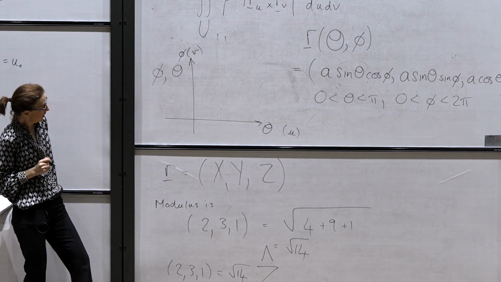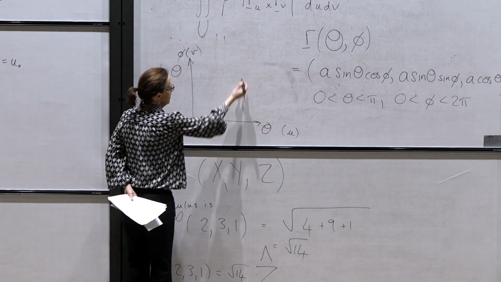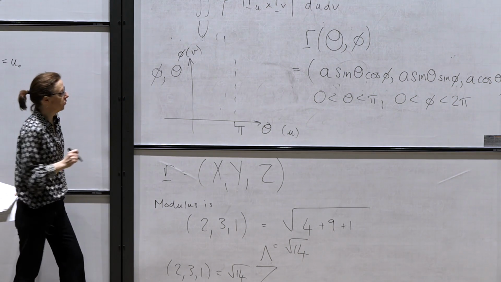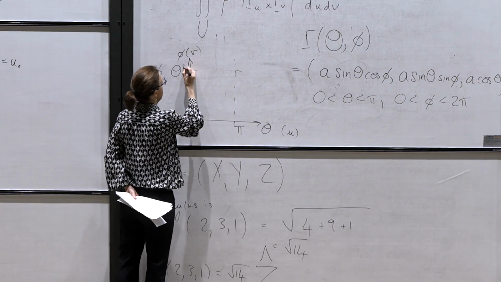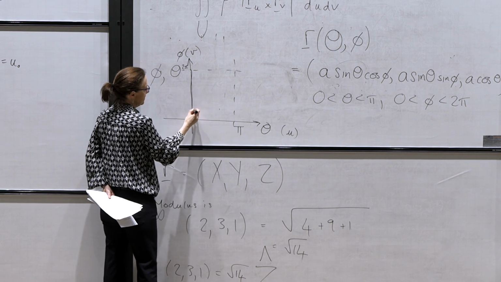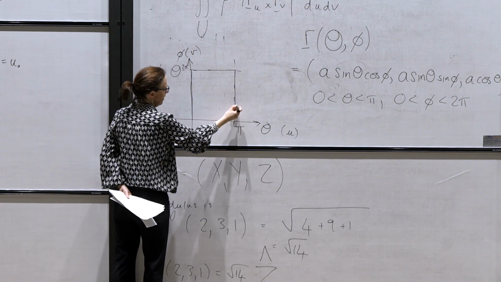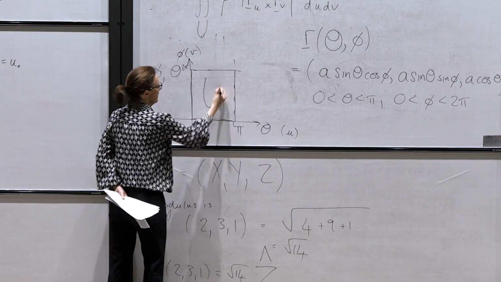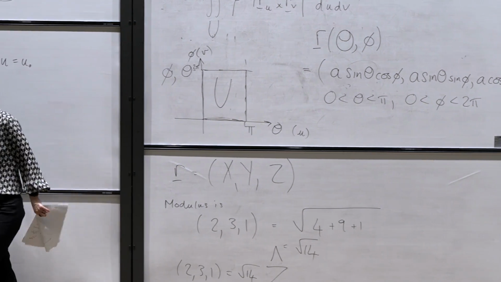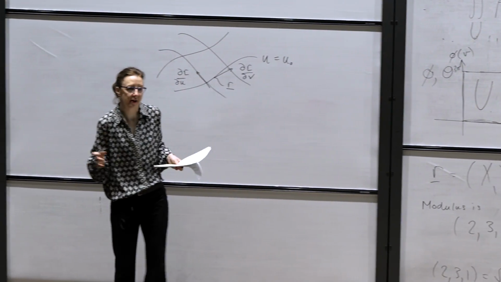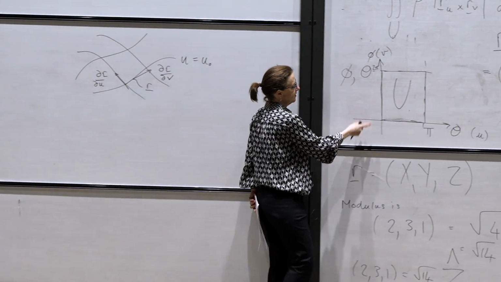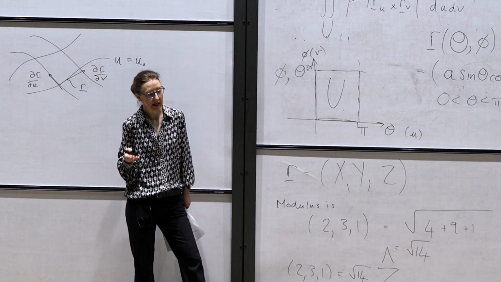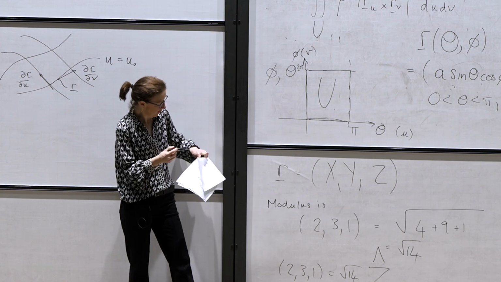And then we know that theta goes between 0 and pi, and phi goes between 0 and 2 pi. And so my set U is here. And we like that set U because it's rectangular, which means that the boundaries of the domain U over which I'm going to integrate are constant, which makes thinking about the limits of your integrals straightforward.